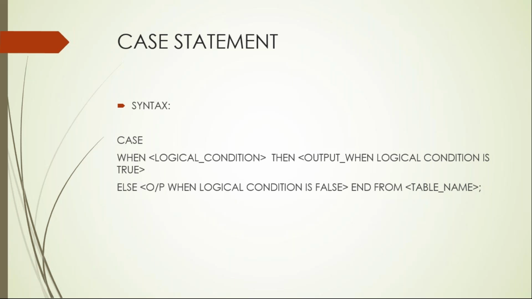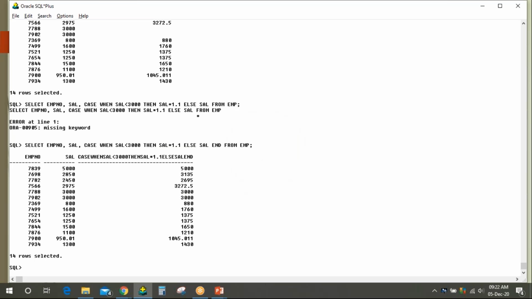If commission is not available, the logical condition you can write is when commission is null, then you give something. Many conditions you can write here, and not only one case statement, you can write many case statements together. We'll check that at a later stage, but I want to know if you have understood this particular query.